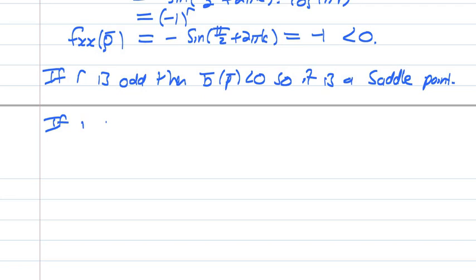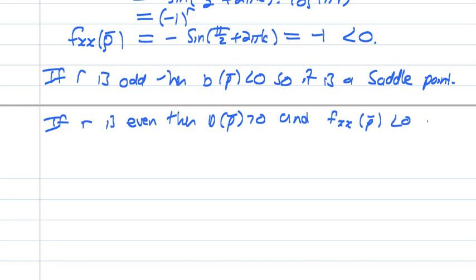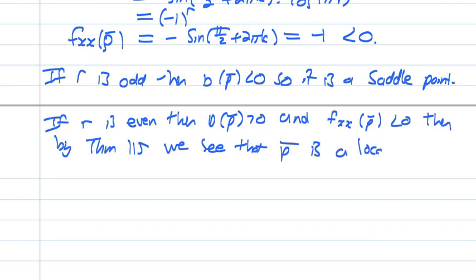Now, if r is even, then d is positive, and we look at f double x at the point P, which is negative, so by theorem 115, we see that P is a local maximum. So we have treated all of the points of this form.